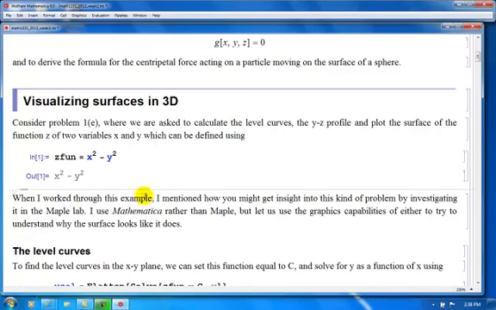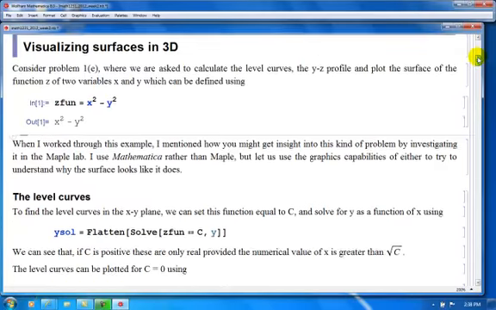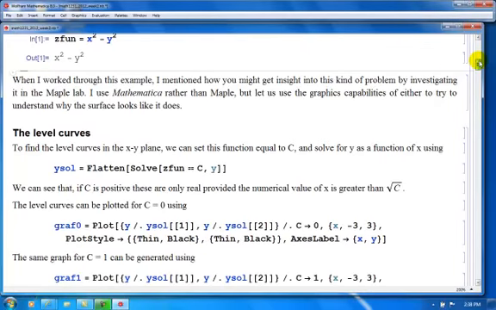When I worked through this example, I mentioned how you might get insight into this kind of problem by investigating it in the Maple lab. I said that before. Anyway, I use Mathematica rather than Maple, but let us use the graphics capabilities of either to try to understand why the surface looks like it does, or even to find out what the surface looks like.